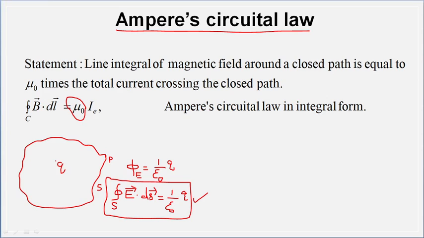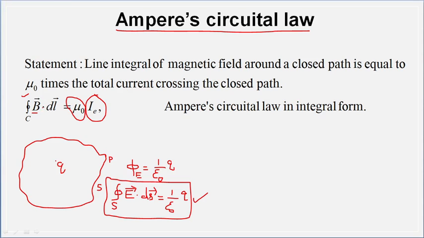Now here, the charge enclosed by the surface, we replace it by current. We will see the meaning of that. Because magnetism is produced by electricity, we take a current. Then, instead of the surface integral, we take the line integral. So it is a line integral, where C means path. Instead of electric field, we have magnetic field, dot dl.